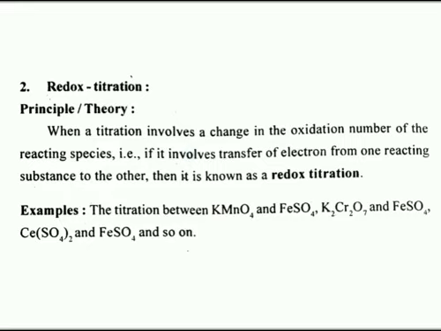In the titration between potassium permanganate and ferrous sulfate, the potassium permanganate undergoes a reduction reaction and ferrous sulfate undergoes an oxidation reaction. That means the manganese present in the potassium permanganate is reduced, so addition of electrons takes place in manganese and loss of electrons takes place in the ferrous ion, converting it into the ferric ion. Let us take an example and discuss.